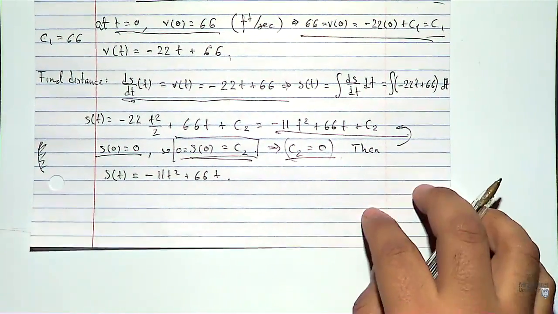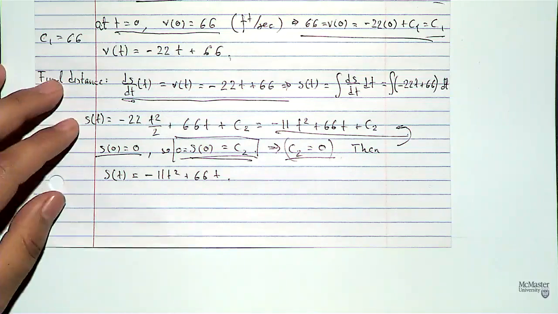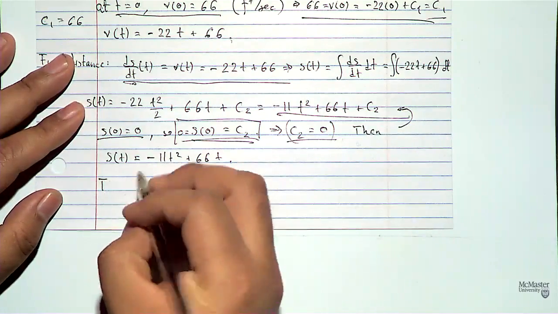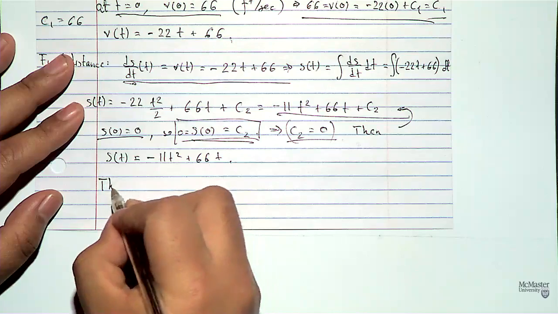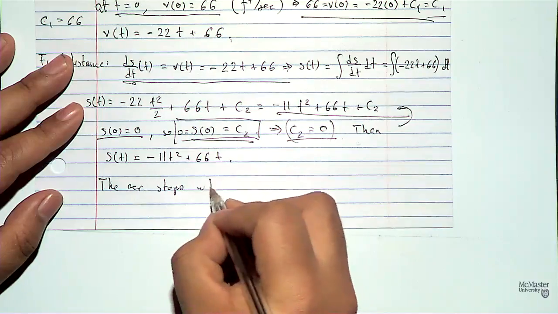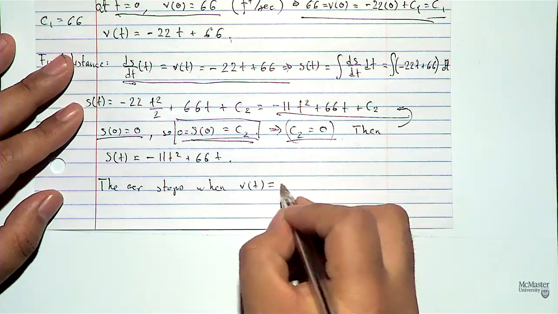Now, the question was, at which time does the car stop. When the car stops, it has a velocity equal to 0. So by knowing the formula for the velocity, I will find the time when v of t is equal to 0. Rephrasing the final part of the problem, the car stops when the velocity at a given time t to be determined is equal to 0.